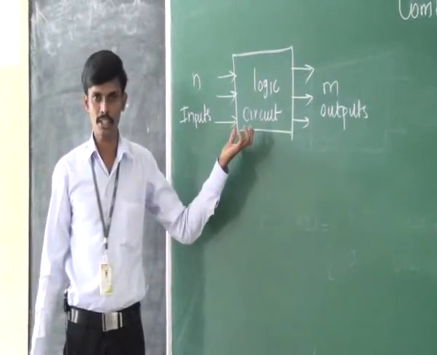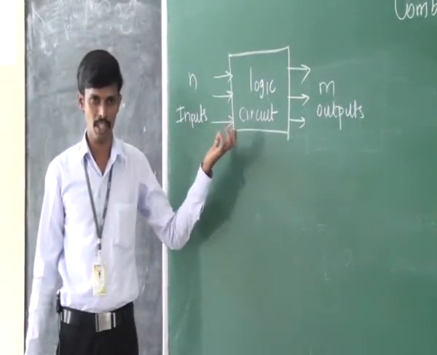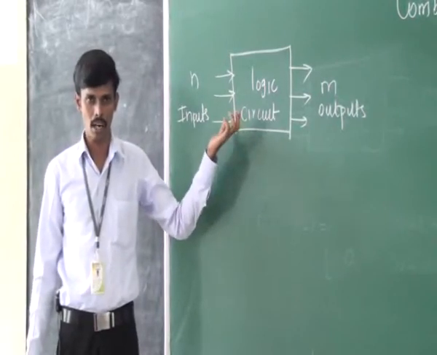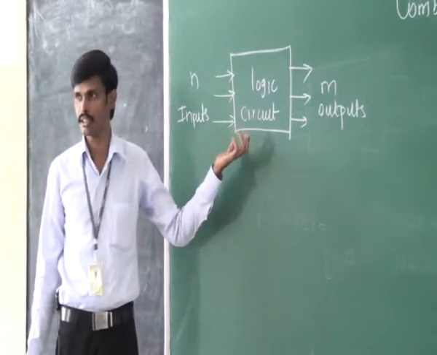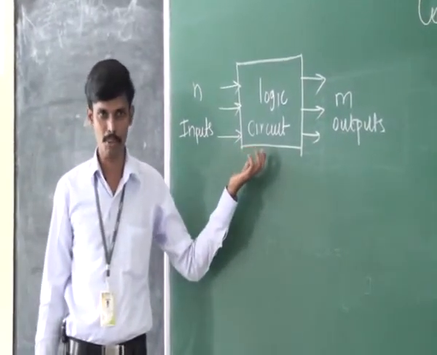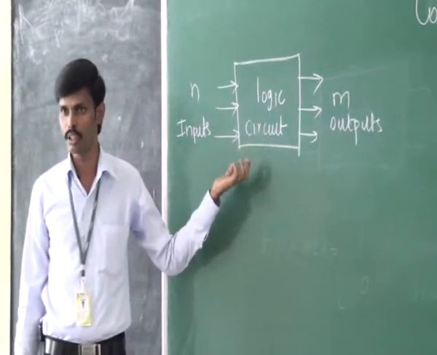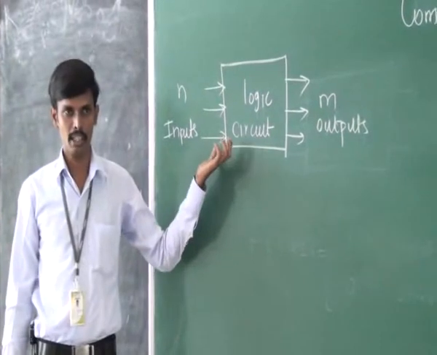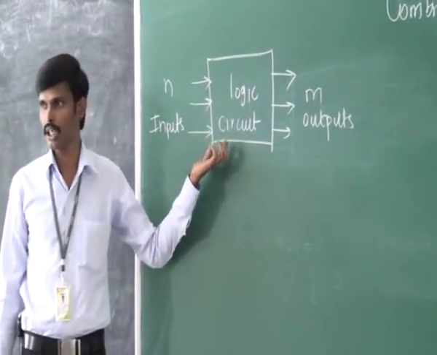Actually, the design of combinational circuit starts from the specification of the design objective and ends in a logic diagram or a set of Boolean functions from which the logic diagram can be obtained. There are 6 different steps to be followed to design a combinational circuit. The first step is to define a problem statement. The second step is to determine the required number of inputs and outputs.